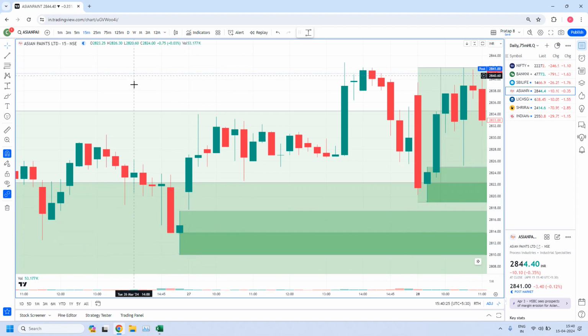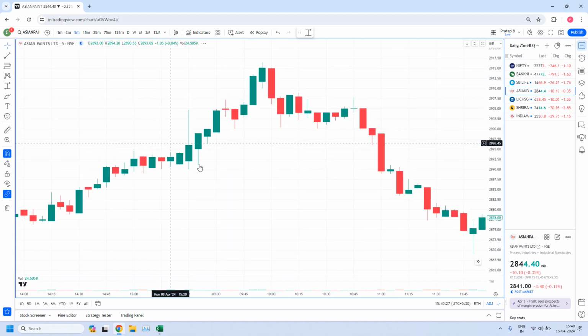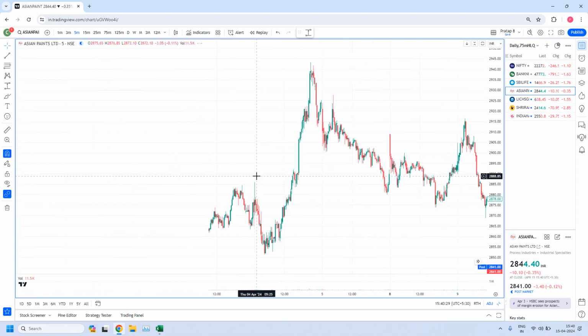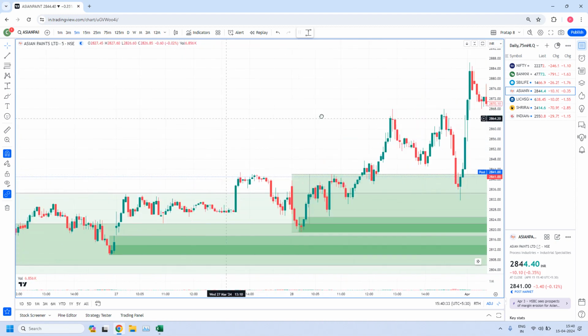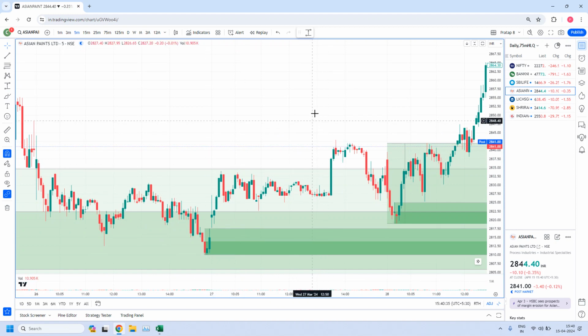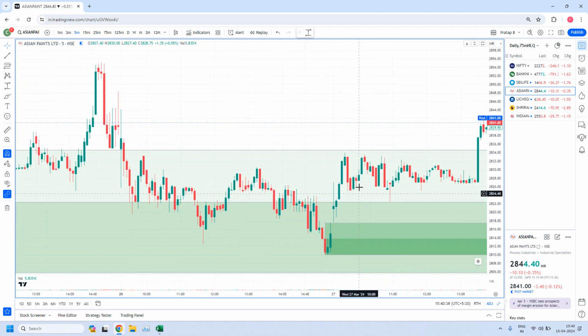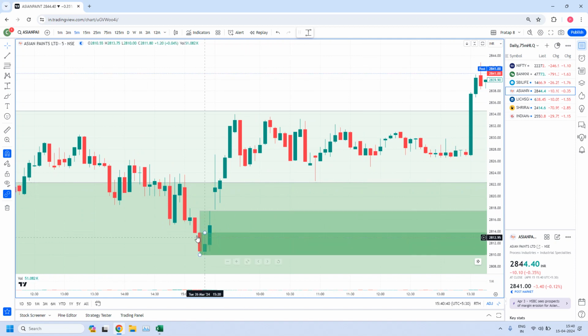Inside this 15-minute zone, now let me go to the 5-minute time frame. See here, in this 5-minute time frame, we have a drop, base and a rally candle and a follow-through candle. See, a very big move. And this looks like an excellent structure.